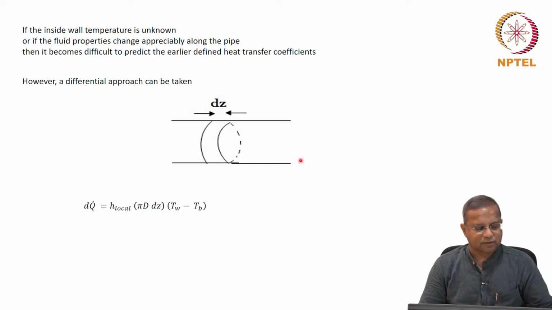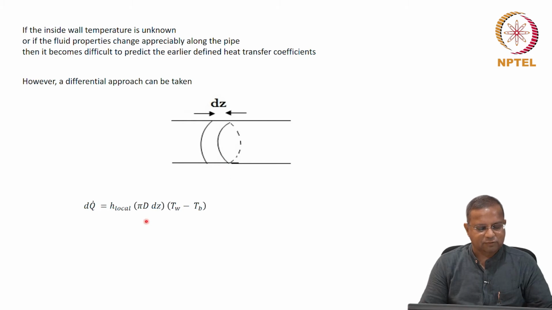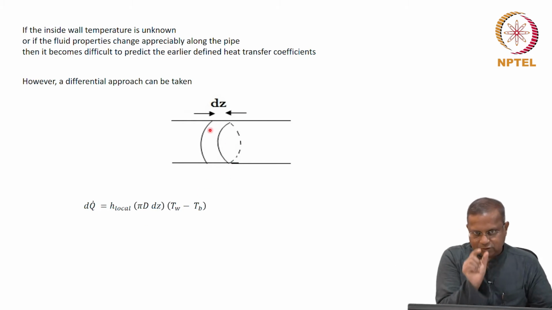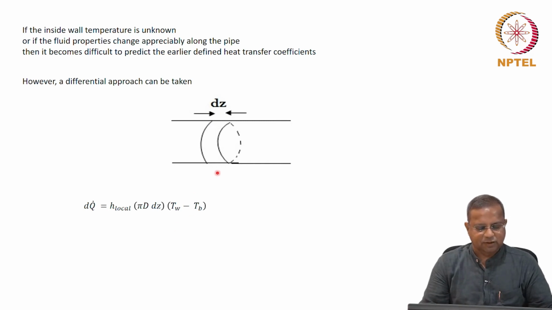The differential heat transferred is H local at the local point times pi d delta z, which is the surface area of this element, times T w minus T bulk, which is the temperature difference here.